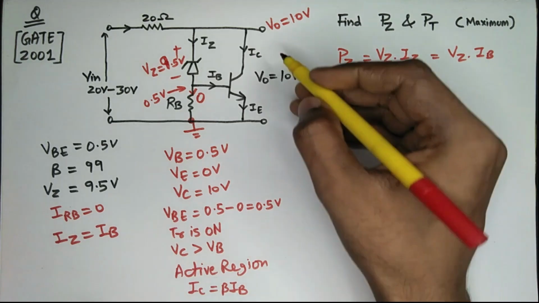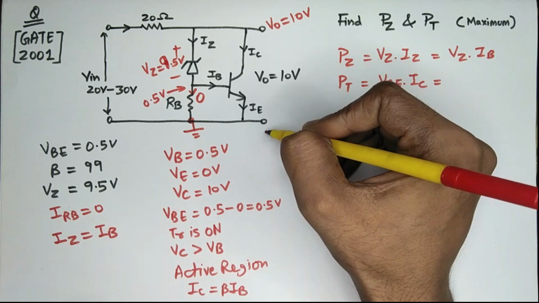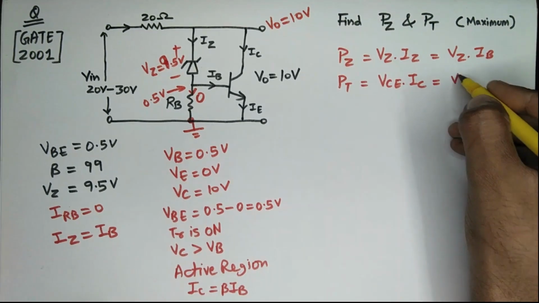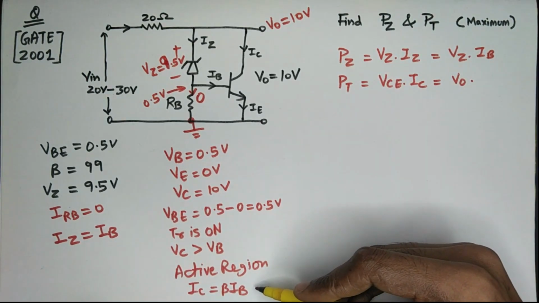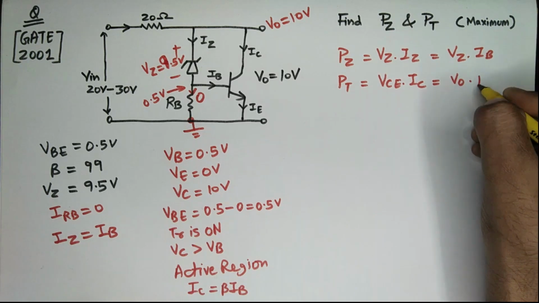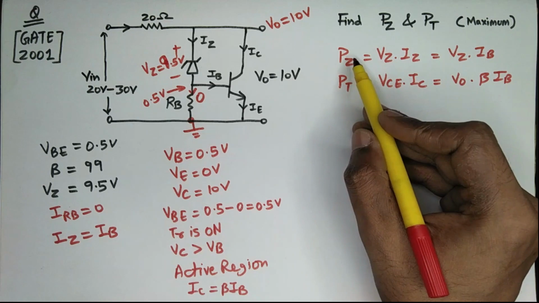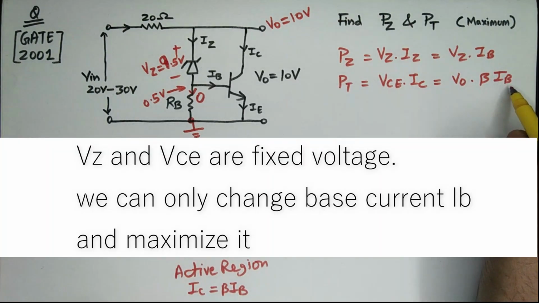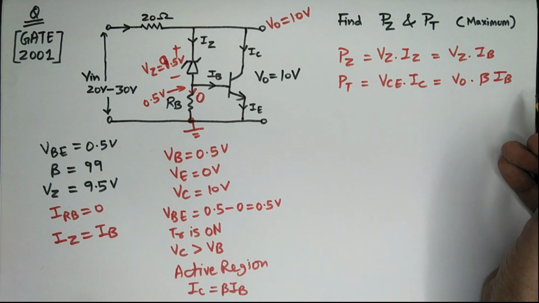VCE is equal to VC minus VE, where VE is at ground and VC is equal to V0. Therefore V0 times IC, and IC is equal to beta IB. We can use this relation now. Now we can clearly see that PZ and PT both depend on IB. Now let's find the value of IB.